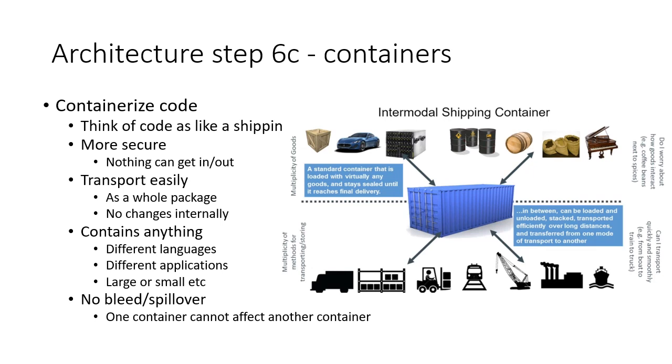And there's no bleed or spillover in these cases. The idea is that the container cannot affect any of the other containers in the same environment. So just like a shipping container, hopefully nothing will ever leak out of there and end up affecting anything in another container. The same thing with a container in the computing world. The memory and CPU and so on is internal to it and cannot affect the other containers running in the same environment.